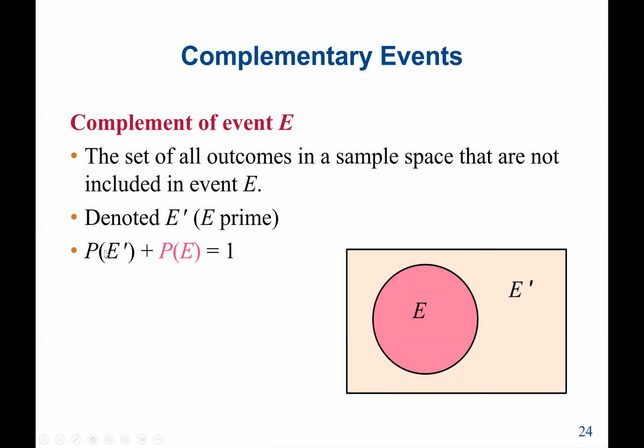So the total will be 1. The probability of the complement of E plus the probability of E is 1, because the probability of E is equal to 1 minus the probability of the complement of E. Or the probability of the complement of E is 1 minus the probability of E.